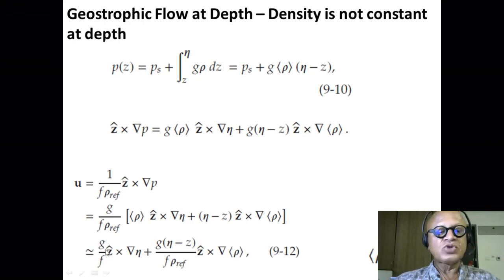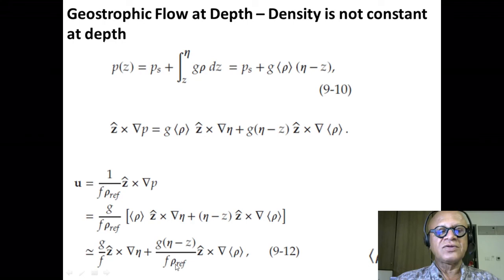So you end up with two terms, approximately g over f z hat cross grad eta plus g times eta minus z over f rho ref z hat cross grad average density. Okay, we don't replace this with rho ref, we only replace it in the denominator.